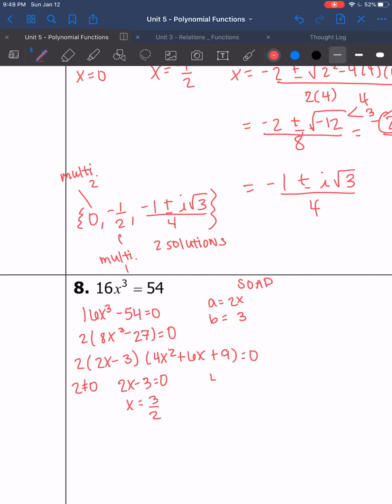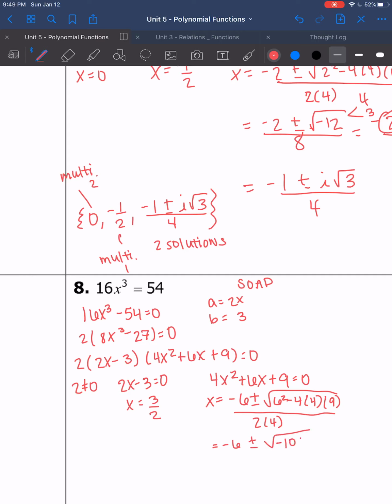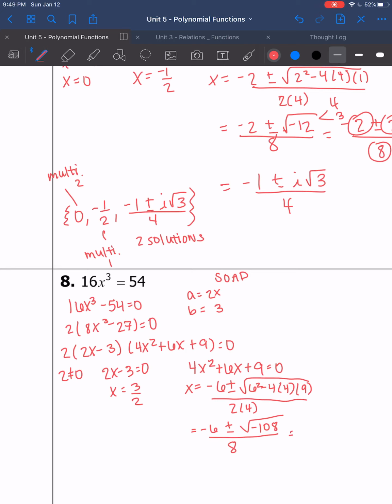And then this is our fun one, where we use our quadratic formula since it doesn't factor. X equals negative 6 plus or minus the square root of 6 squared minus 4 times 9, all over 2 times 4. Negative 6 plus or minus the square root of negative 108 over 8. Then you simplify, because I can't leave it like that.